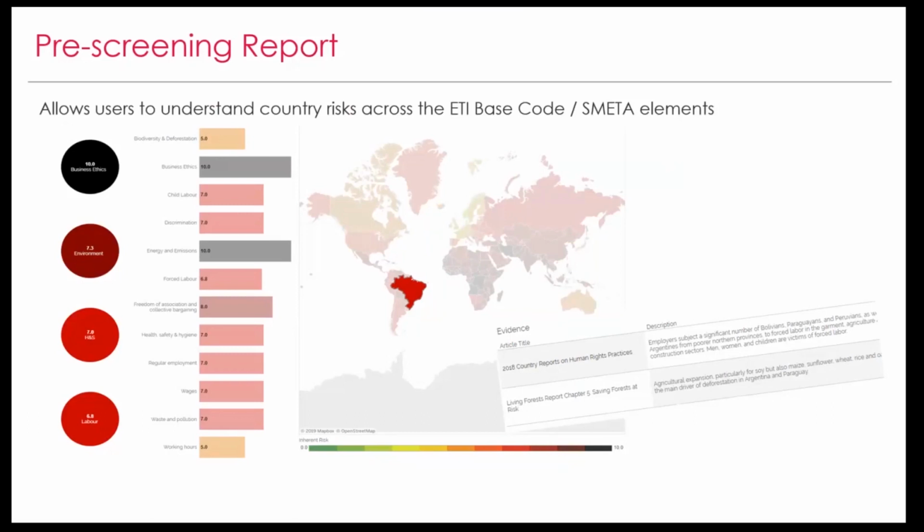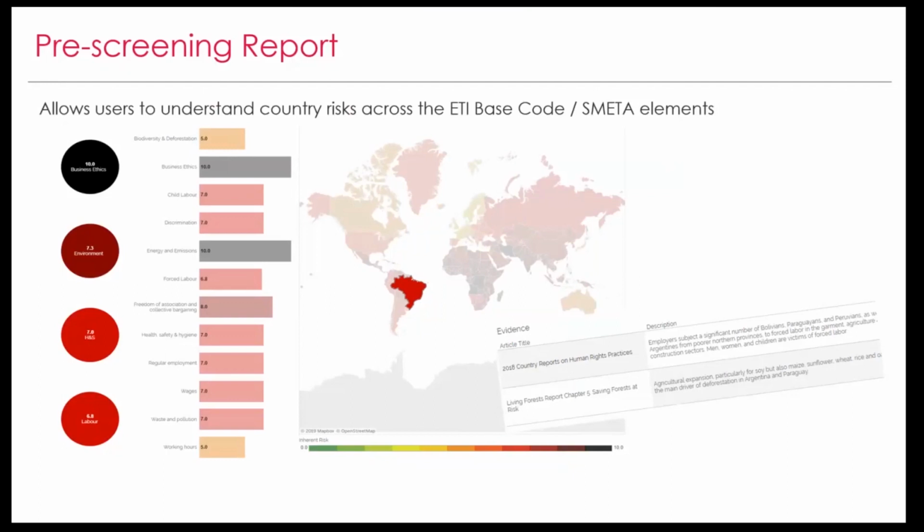So that's what this report will do, and there'll be a second version of this report, which is probably most useful for those new to Sedex who haven't yet onboarded any of their suppliers to the Sedex platform. They'll be able to upload an Excel file identifying the key characteristics of those sites in terms of the country they're located in, the sector that they're involved with, and the product they produce.